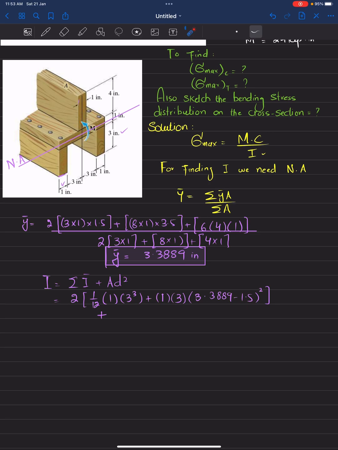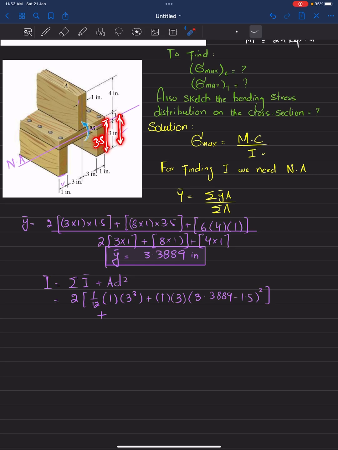So 1 over 12, 8 into 1 cubed, plus this area, 8 into 1, and its distance from the neutral axis to the centroid. This is y, and the distance from the mid of this is 3.5.